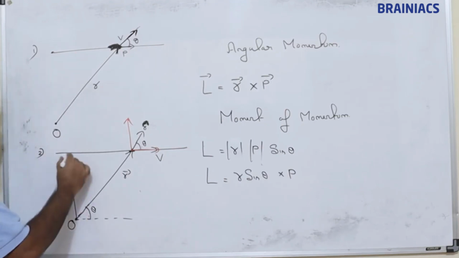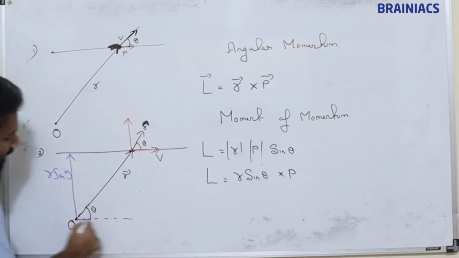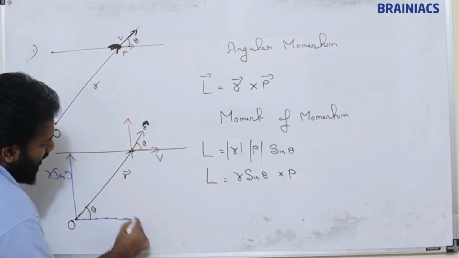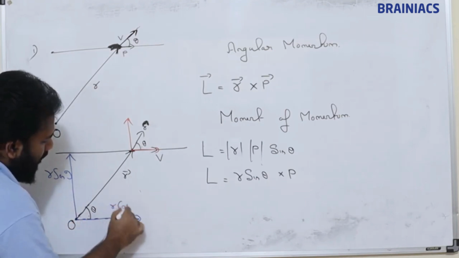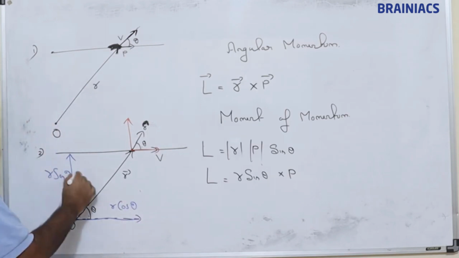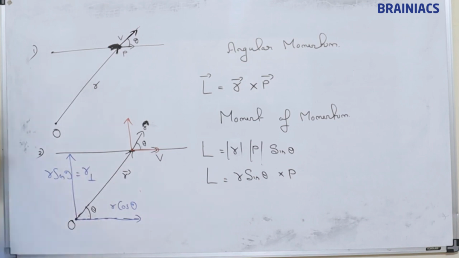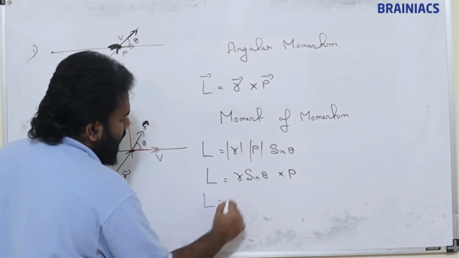This is actually r sine theta, and this is actually r cos theta. So if we need, we can write this is nothing but the perpendicular component of this r.